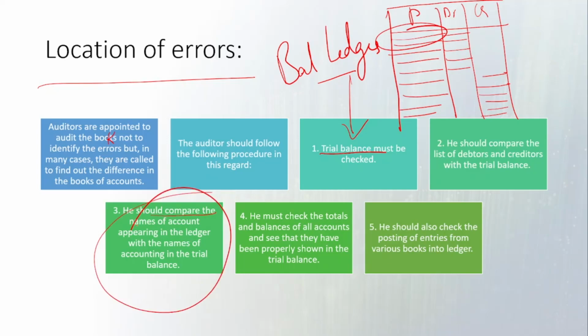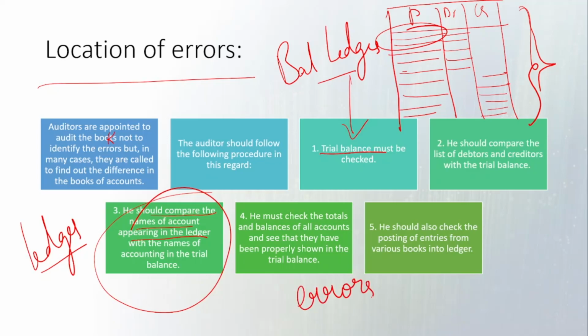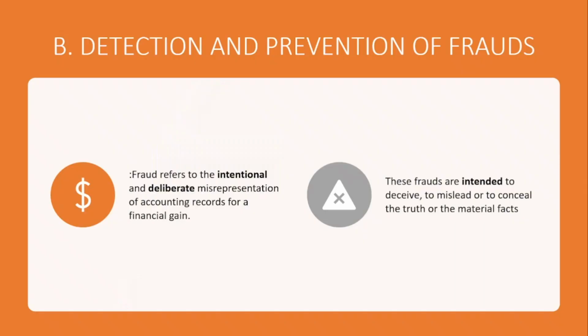He should compare the names of accounts appearing in the ledger and check whether the ledger balance and the trial balance show the same. After checking that, he needs to check the totals of all the ledgers and make sure that the same totals have been entered in the trial balance. Then he can identify some errors or frauds by checking in detail. This is known as location of errors.